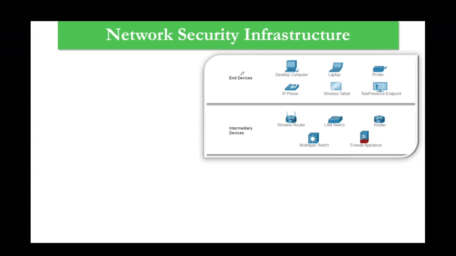We call these end devices, and they are connected to one of the intermediate devices, and these intermediary devices are connected to the internet. These perimeter devices sit at the outer edge of a protected network.